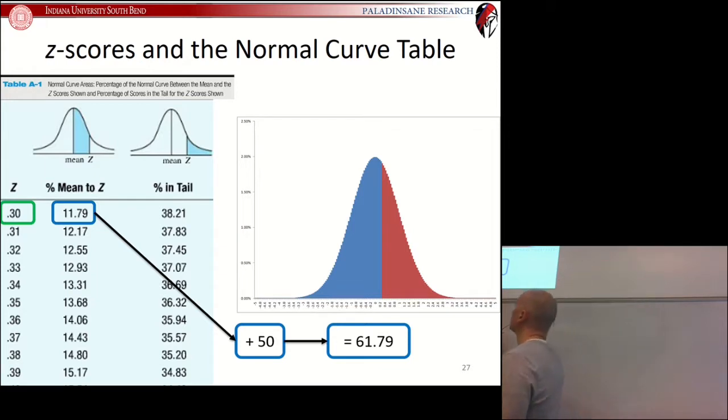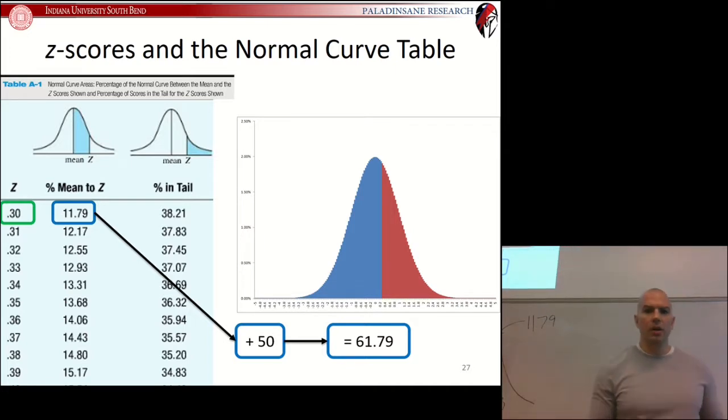And again, this is the only one where you kind of have to say to yourself, all right, well, this is not in any of these columns. So I've got to split it up into two, and I'll take from 0 to the z-score, and then add to that 50%, which is the other half of the distribution.